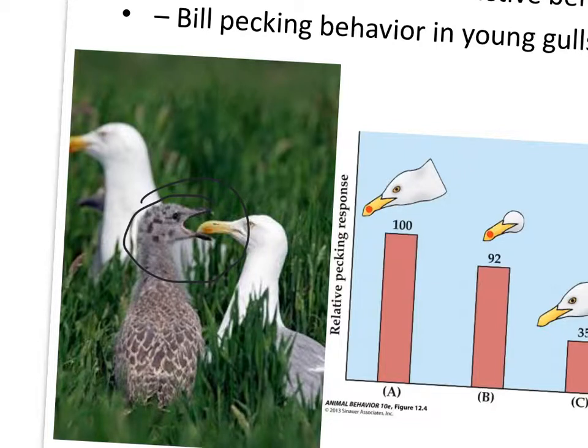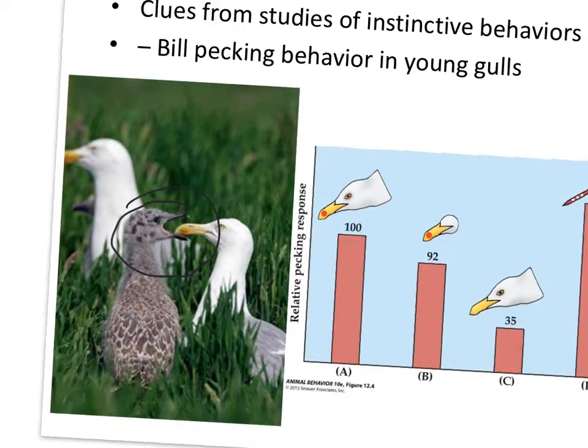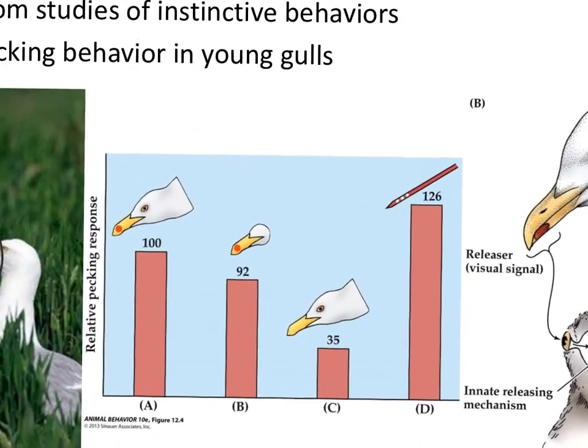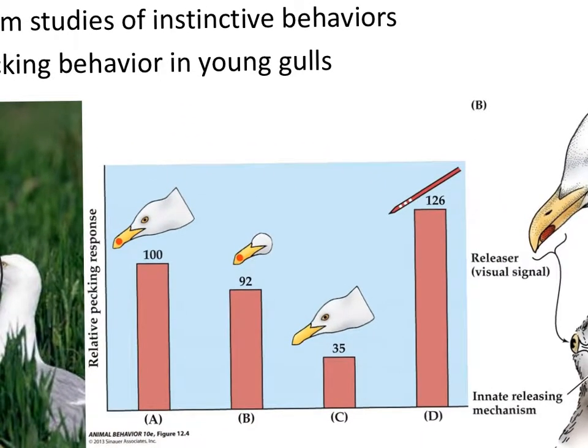And then, if you actually look at the original releasing mechanism, okay, so we have the original red spot right here. We have a smaller red spot, but still it's there. Relative pecking response. Here is an individual with no red spot, not very many pecks.